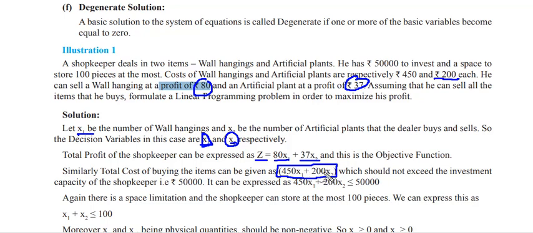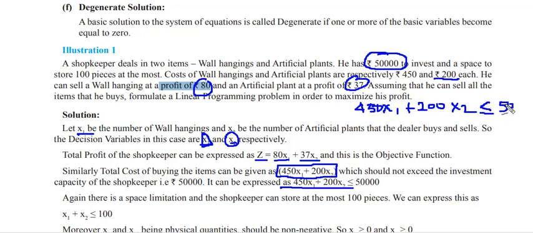So this total cost should be, because we have rupees 50,000 only in our hand, so the equation will be like this: 450x1 plus 200x2 should be less than or equal to 50,000. Simple, right? We have only 50,000 in our hand to buy these items.